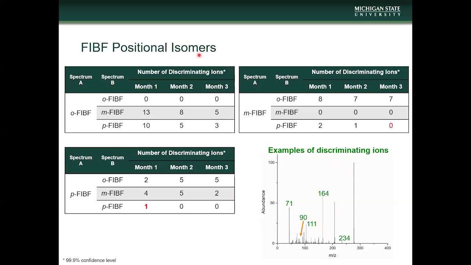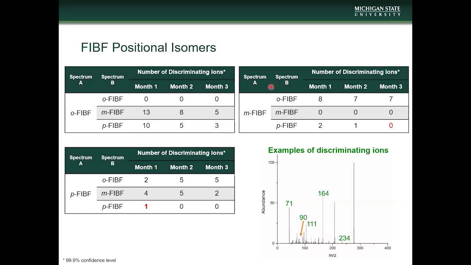Looking at the table here in the top left corner, this is comparison of OFIBF to the other isomers across the 3 months of collection. For ortho to ortho, we have association across all 3 months, and we have discrimination of ortho from meta and ortho from para, 13 discriminating ions down to 3 discriminating ions.